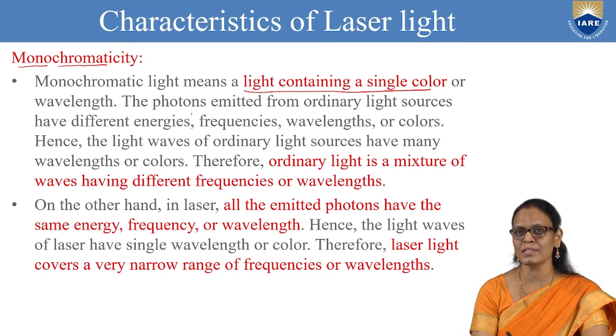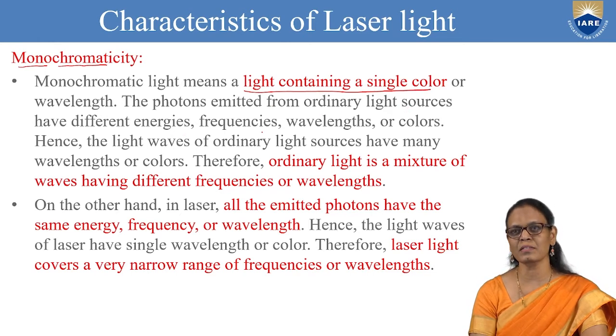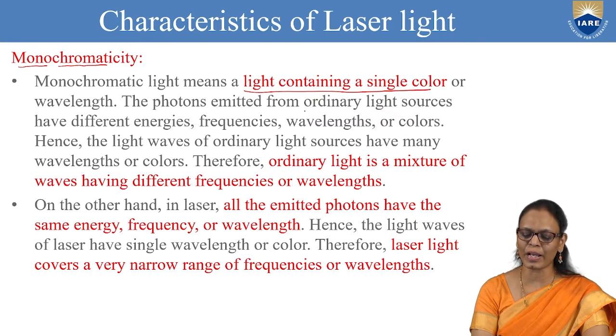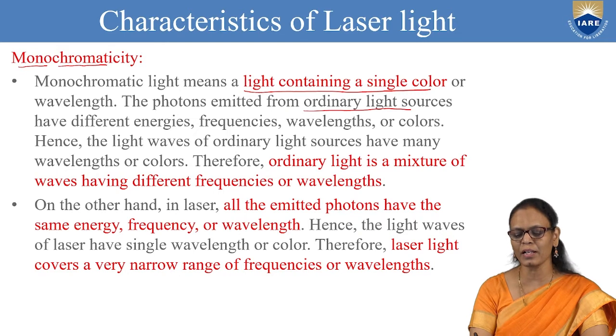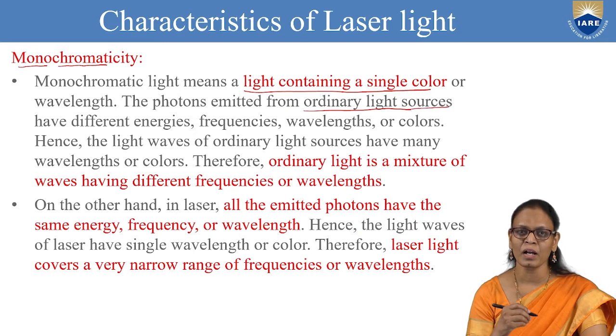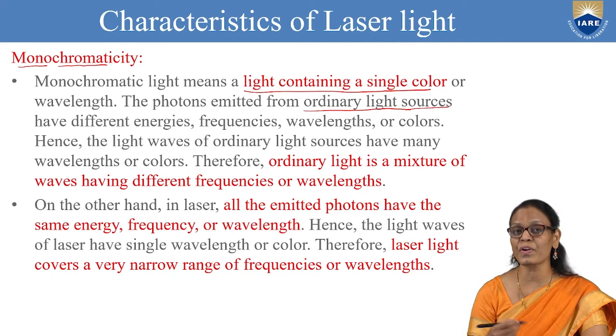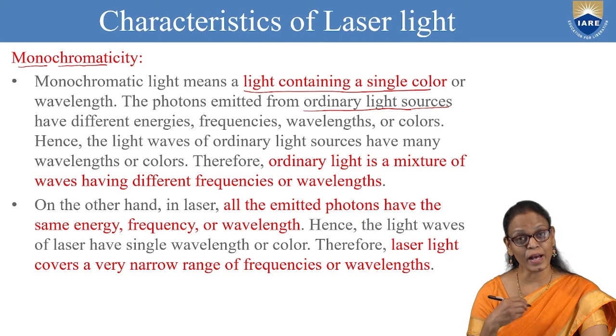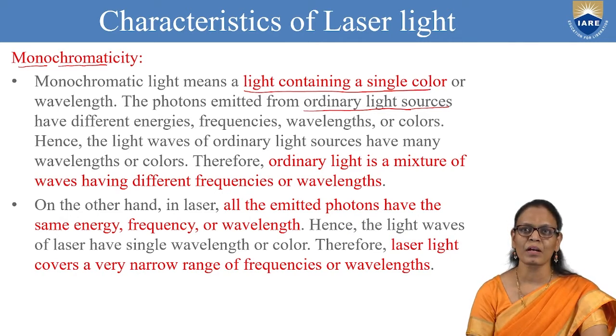Then the photons emitted from ordinary light sources have different energies, frequencies, wavelengths or colors. Whenever we are talking about any ordinary source of light, the photons that are emitted from that source may have different energies, different frequencies, different wavelengths or colors.